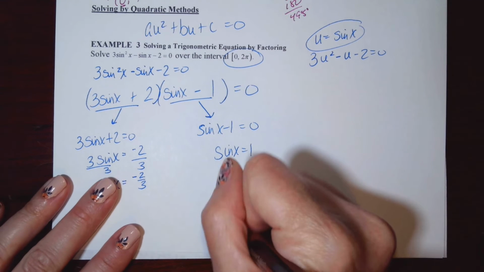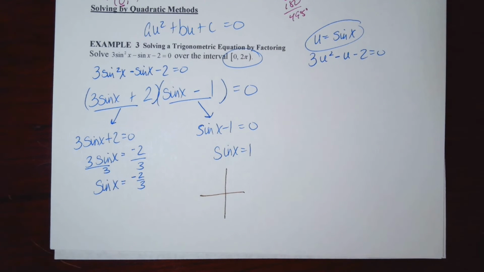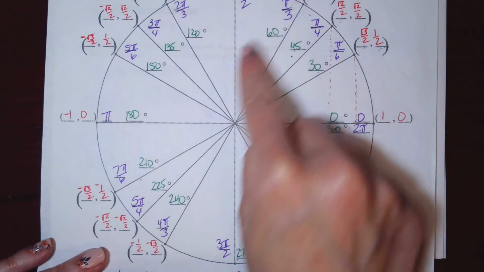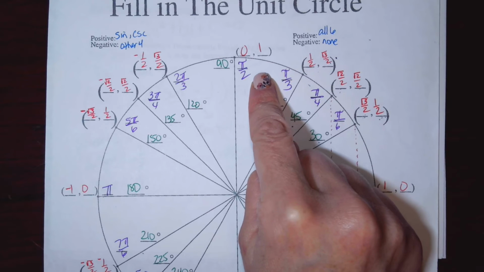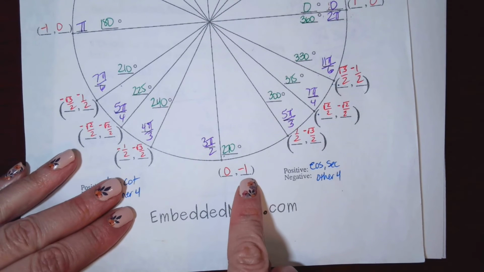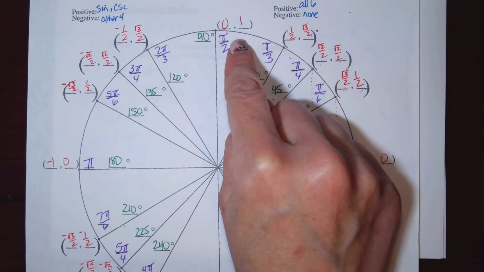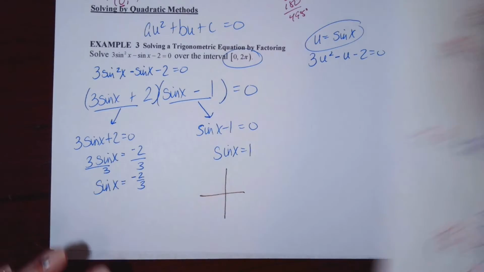So where is sine x equal to 1? At what angle is my sine function value a positive 1? Well, sine is a positive 1 up here at pi half, and that's the only place. Sine is a negative 1 down here, but that's not what I'm looking for. I'm looking for just this positive 1.